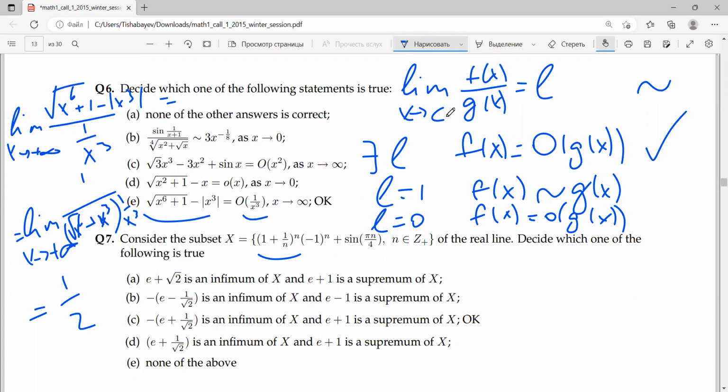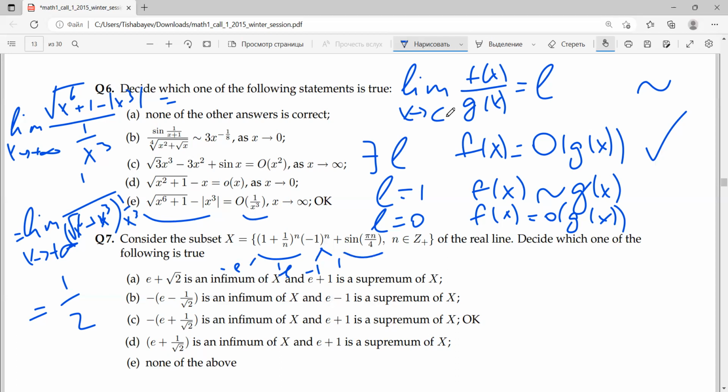So the greatest value here is the number e. And here the least value is minus 1, the greatest one is 1, yes? It depends on n, of course. But the least one here is minus 1, the greatest one is 1. So here you get the least value minus e, and the greatest value just e.